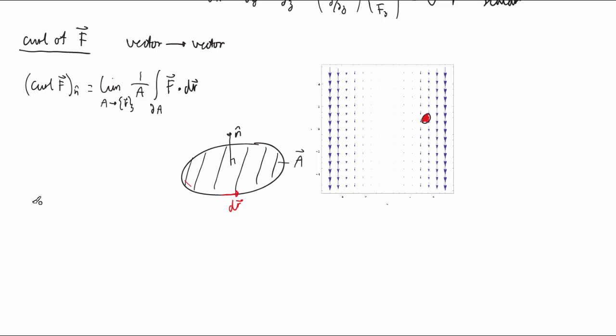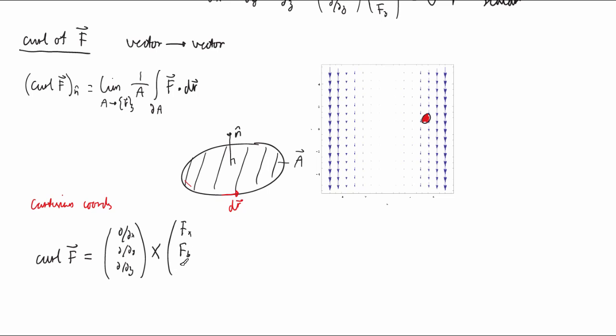So in Cartesian coordinates, the curl of some vector field f can be seen as d/dx, d/dy, d/dz cross the vector fx, fy, and fz.